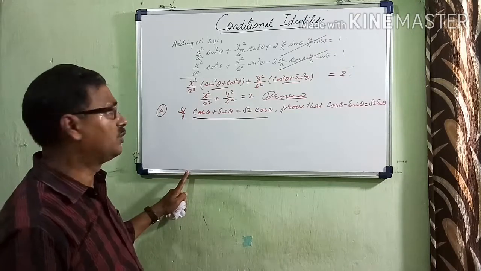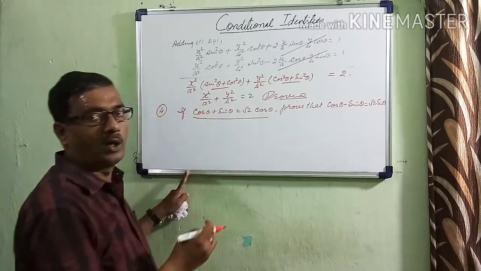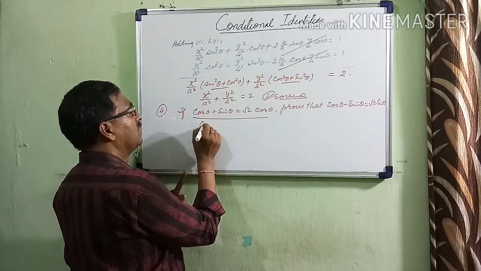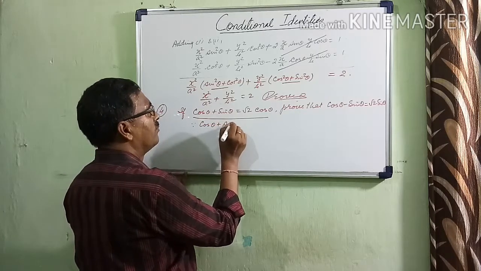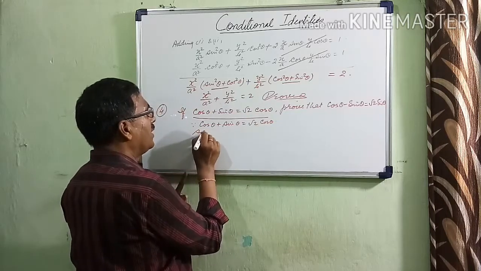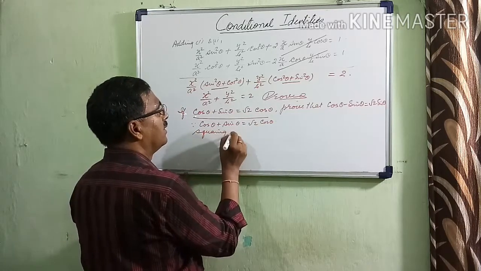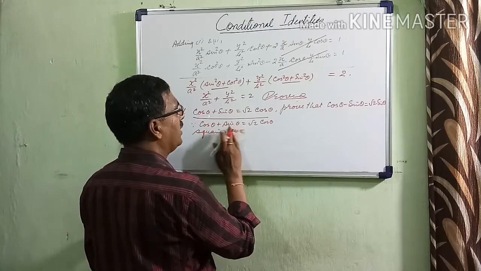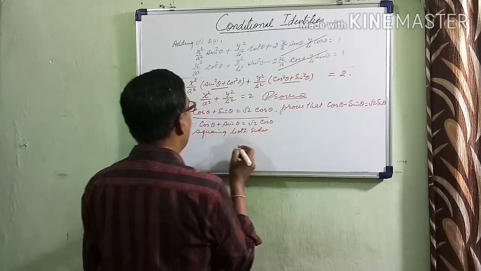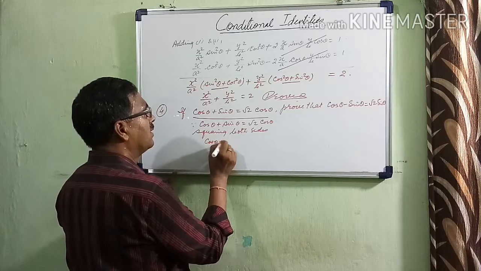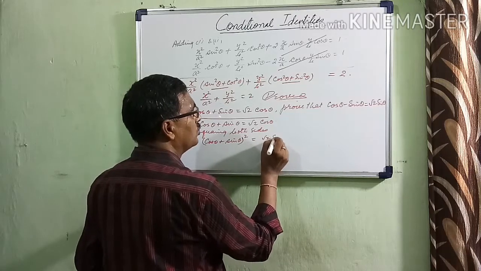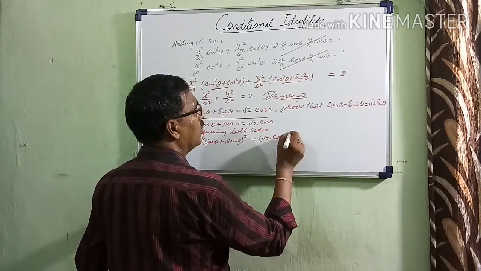So, what shall we do? The given condition we will take into account and we will proceed. Since cos θ + sin θ = √2 cos θ, squaring both sides, what do you have? (cos θ + sin θ)² = (√2 cos θ)².